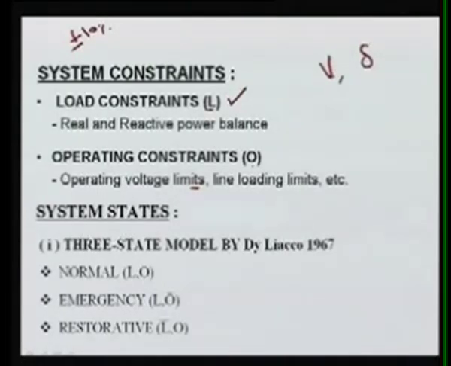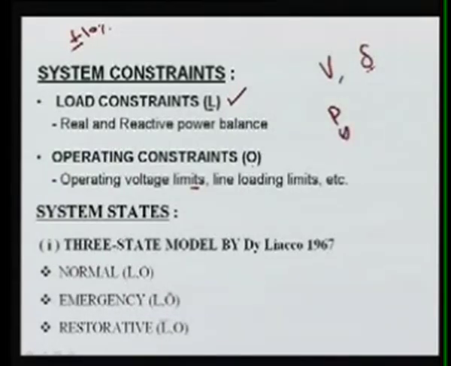With the help of these voltages and angles, that is, the voltage magnitude and delta, the voltage angle, and knowing your network topology, we can calculate all the real power, reactive power, and the losses, both real and reactive. So with this voltage and the phase angle of the voltage, we can determine all the information of the power system. That is known as the states of the power system, meaning voltage and angle are the states of the power system.